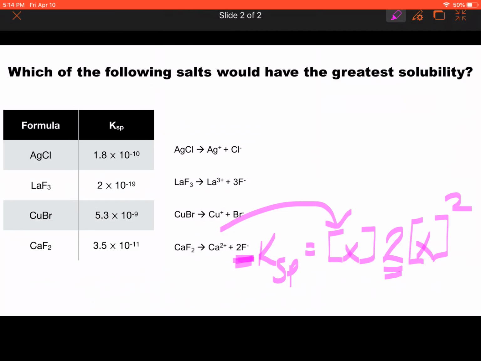So this now simplifies when you do 2 squared to 4x cubed, because we're going to multiply x times x squared, which is going to give us x cubed, and then do 2 squared, which is going to give us the 4. So Ksp for calcium fluoride is equal to 4x cubed.